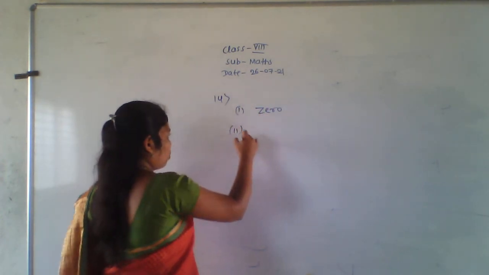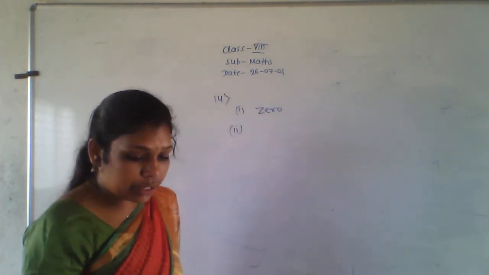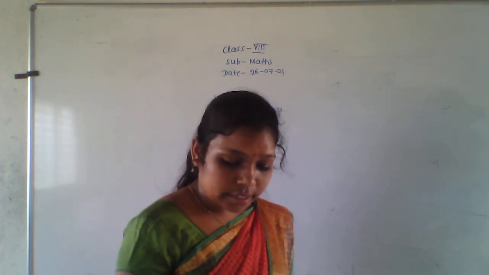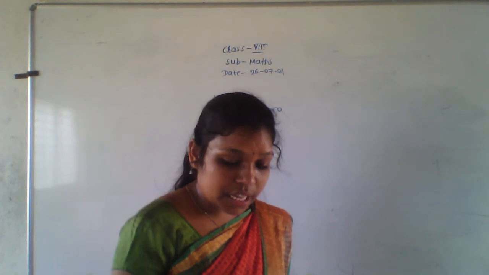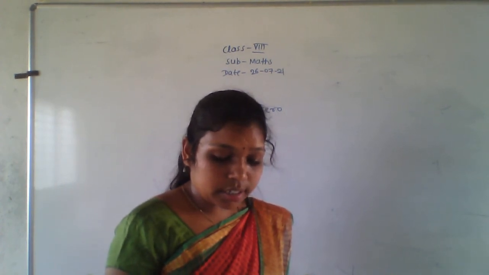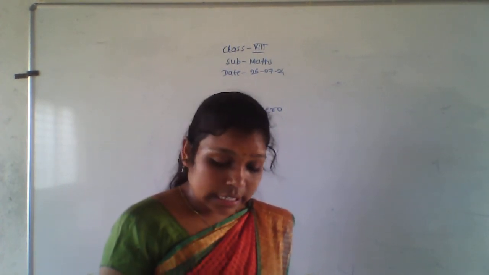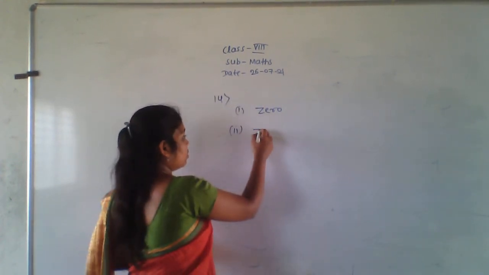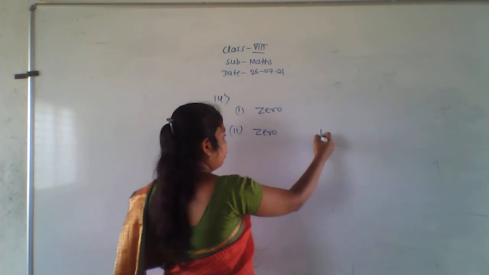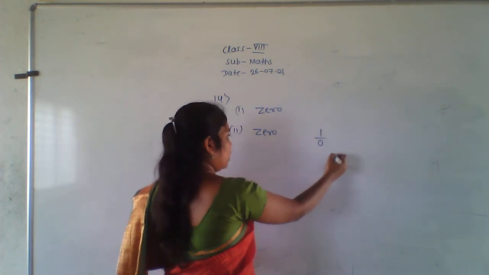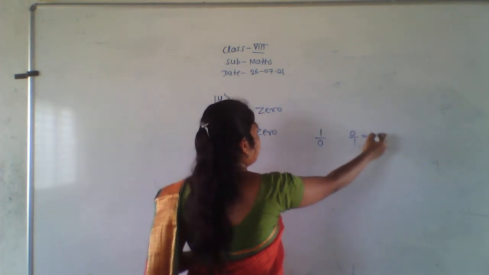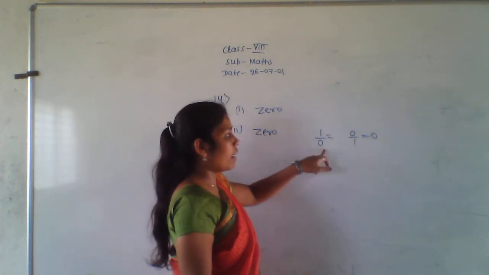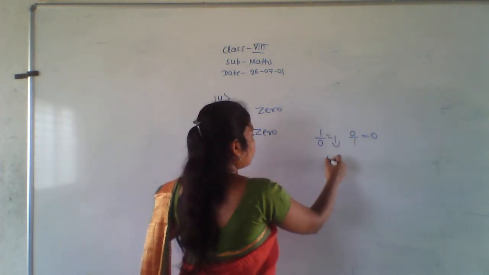Second one, what is the second question here? Which rational number does not have a defined reciprocal? That is nothing but a 0, because 0 by 1 is 0, but if you take the reciprocal of this, that is 1 by 0, it is always what?